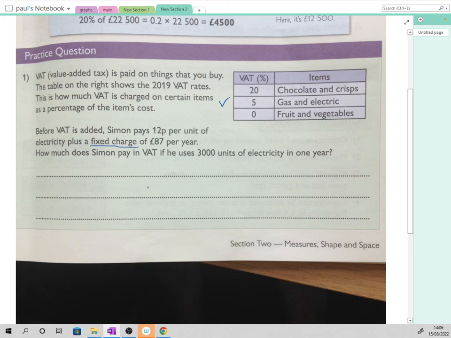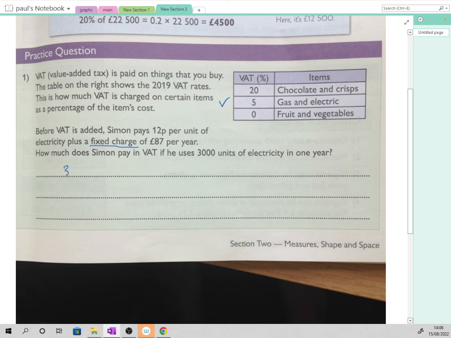So this is one of the anomalies. The great things we have in this country is you will pay for something even if you're not using it, just for the pleasure of having your house wired up or whatever. So how much does Simon pay in VAT if he uses 3,000 units of electricity in 1 year? Right.